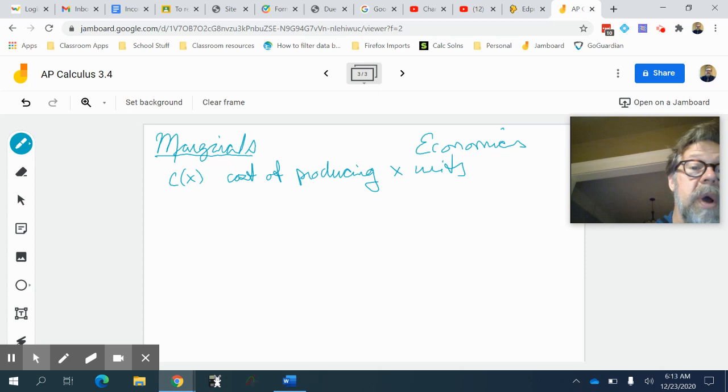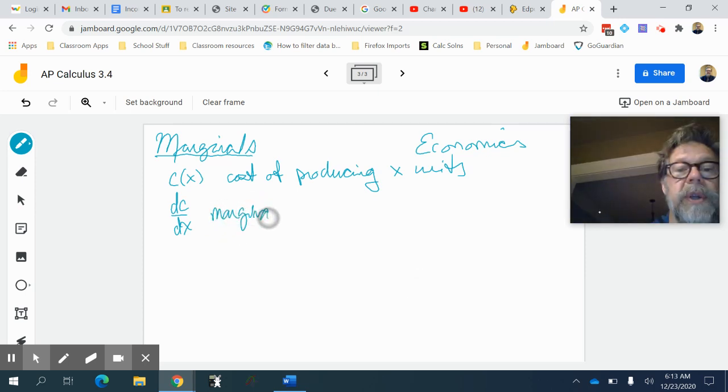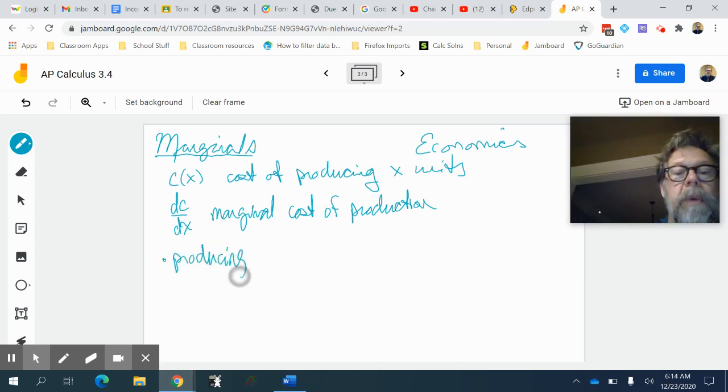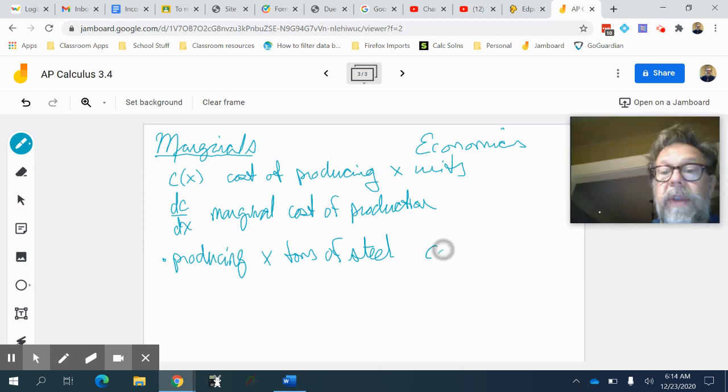So the marginal cost of production, the rate of change of cost with respect to x, could be thought of as, well, let's dive into an example. So you're producing x tons of steel. And so the cost, of course, of producing that is C of x.